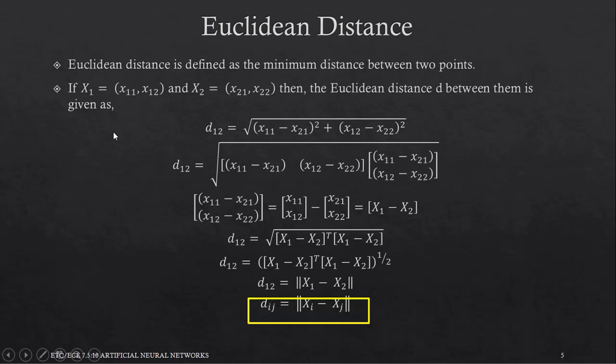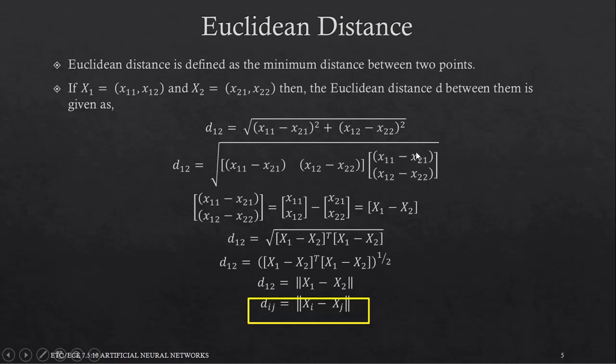d between them is given as, you know this, d12 is equal to under root (x11 minus x21) the whole square plus (x12 minus x22) the whole square. If you observe this carefully, you will obtain this expression if this is the product of the two matrices, right?